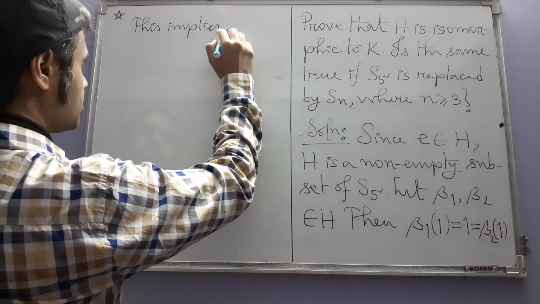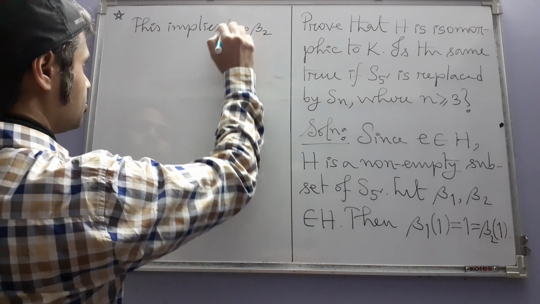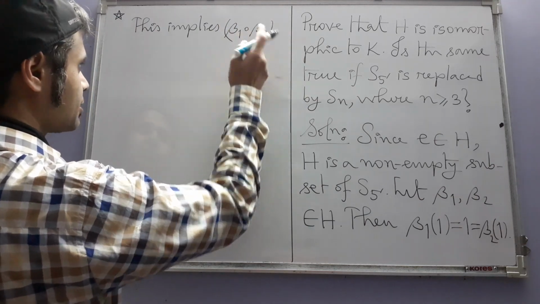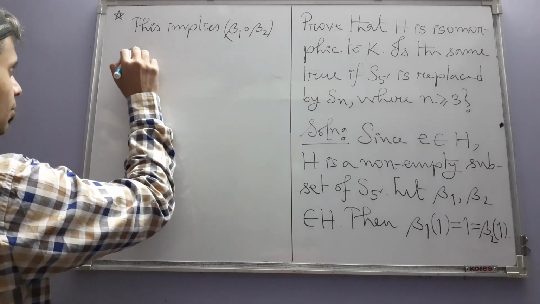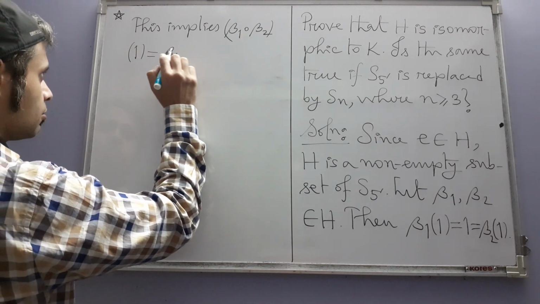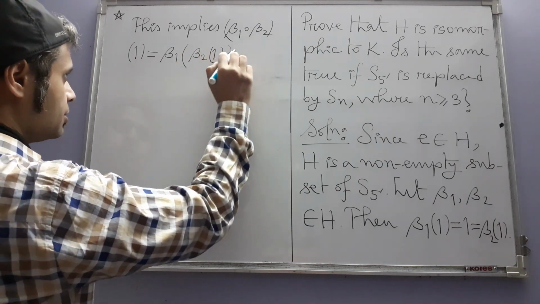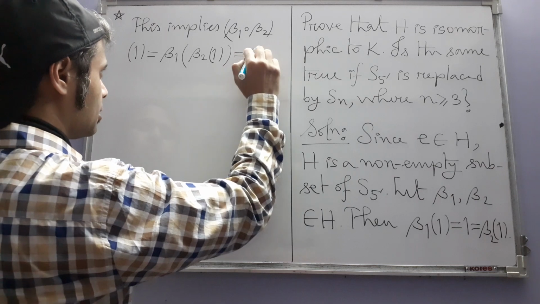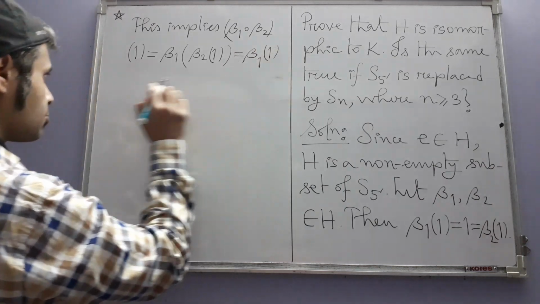This implies that beta 1 composition beta 2 of 1 will be what? Beta 2 of 1 is 1, so that is beta 1 of 1, which is also 1.